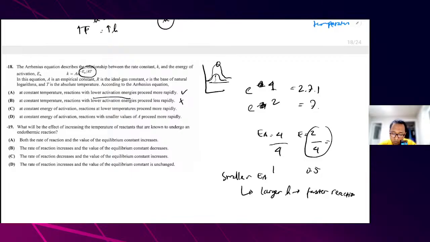At constant activation energy, a reaction at lower temperature proceeds more rapidly.